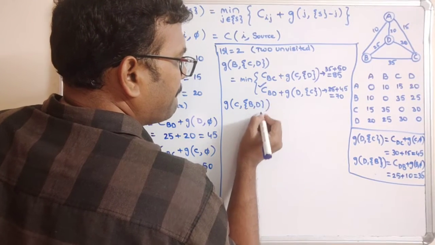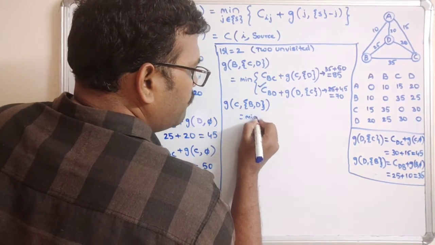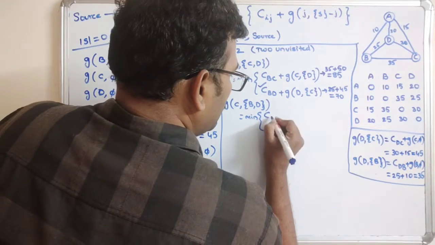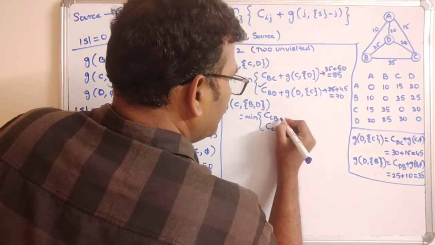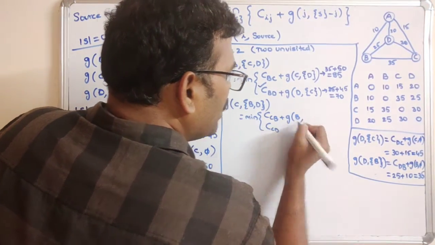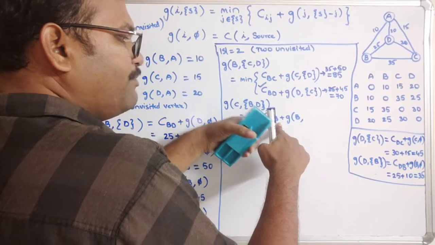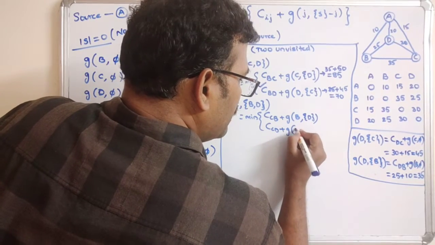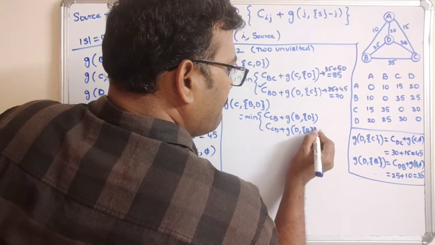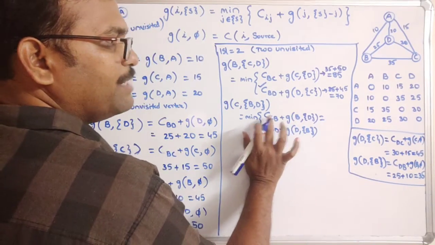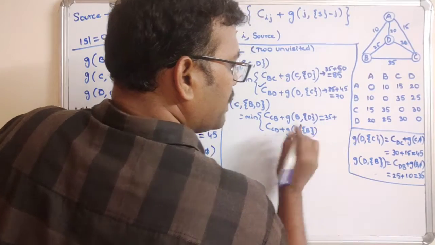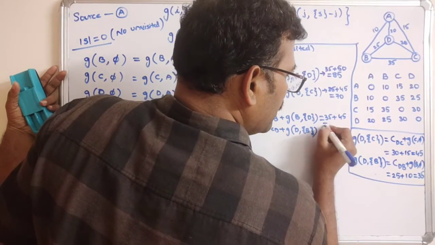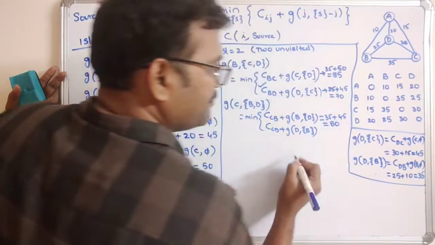B and D. So minimum of CB plus G of B comma D, CD plus G of D comma B. From the set we have to minus B, so obviously it will be D. So cost of CB is 35 plus G of B comma D, which is 45, it's 80.